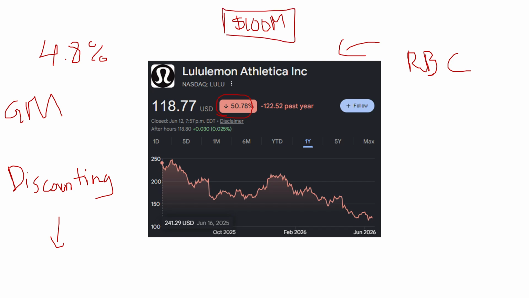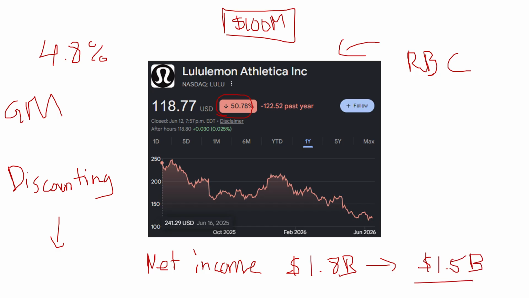Well, recall that the net income, the very bottom of the income statement, went from 1.8 billion down to 1.5 billion, if I recall correctly.